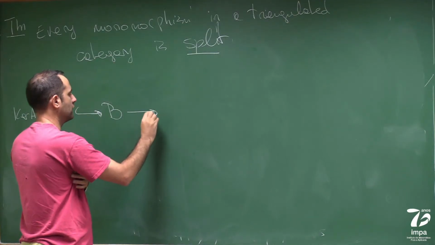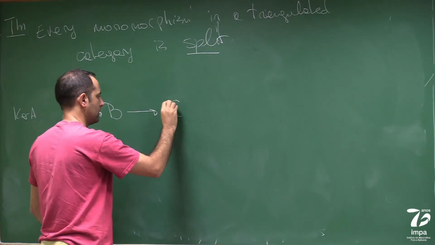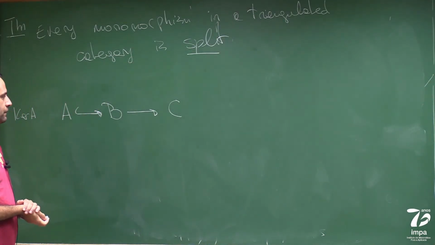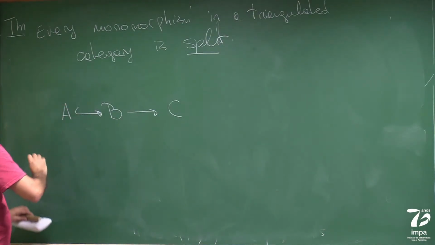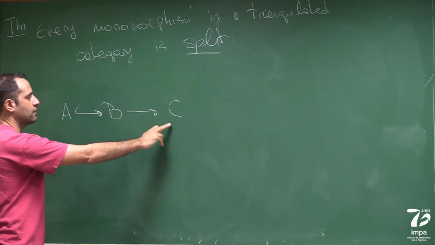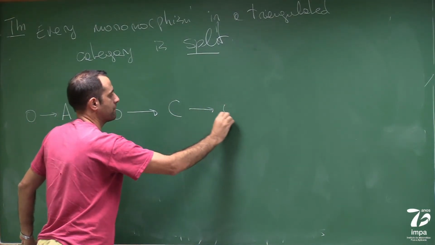And then we have the cokernel. Let's suppose that we are in an abelian category, some C. Let's forget about this for a second. So suppose we have some abelian category. This would be our situation.